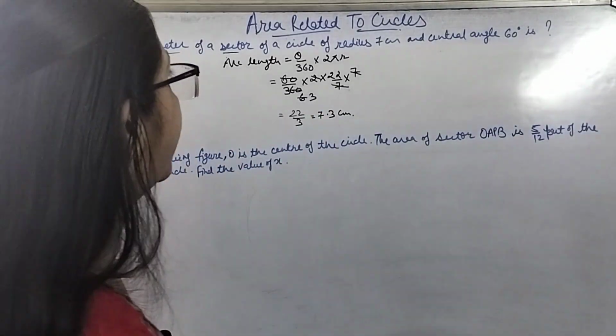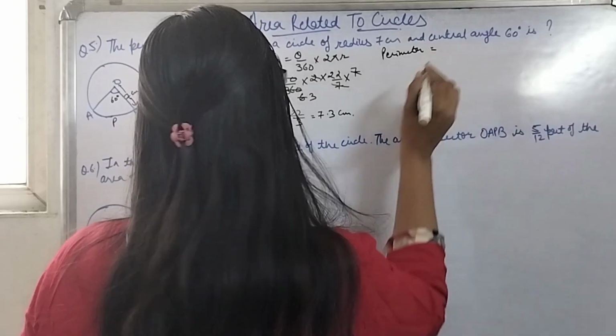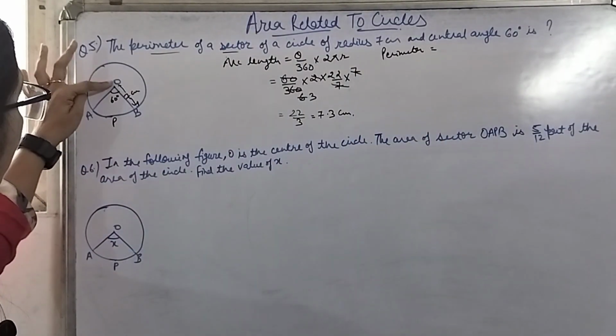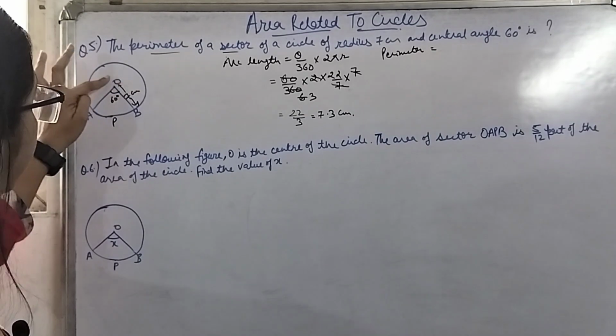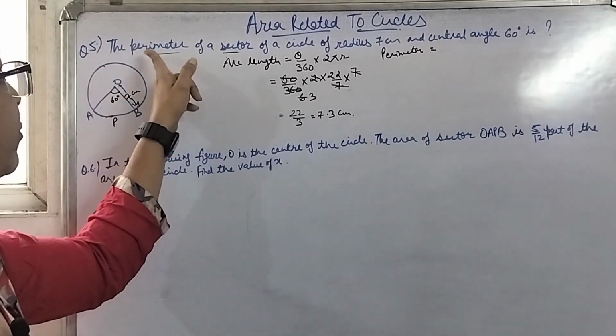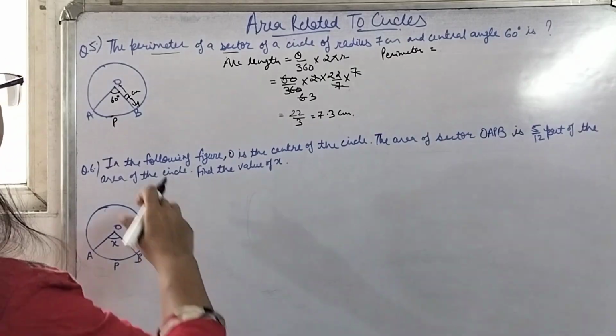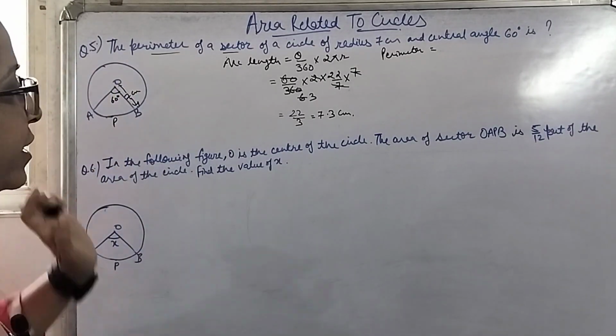Now the perimeter of the sector is required. If we start from O and go to A, P, B and then come back to O, whatever distance we travel will be the perimeter of the sector. That means to the arc length we need to add this radius and this radius also.